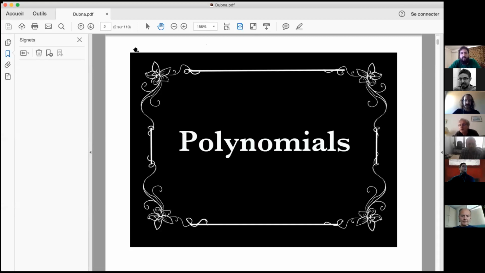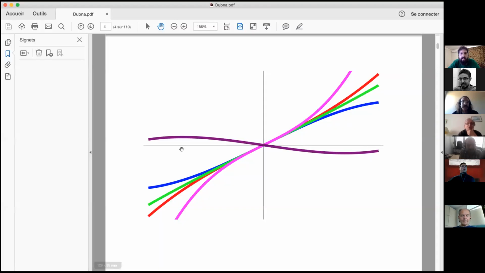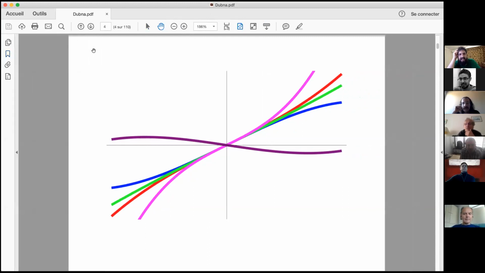Sorry, we are seeing just the word polynomials. We don't see the ticket. Oh là là. What should I do? Now we see graphs. What do you see now? Graphs of the 4 polynomials. Okay. You see the graphs? Yes. Okay.